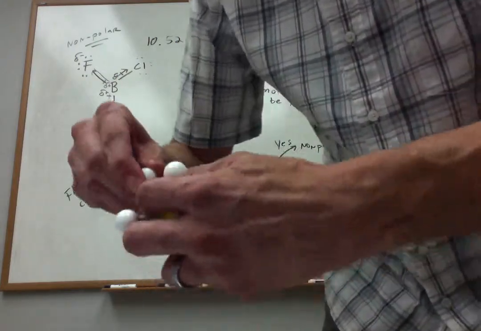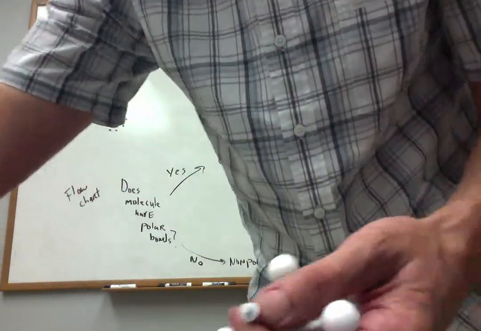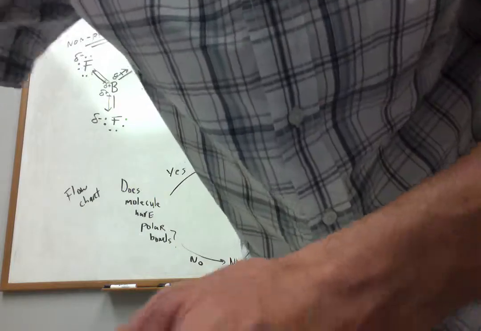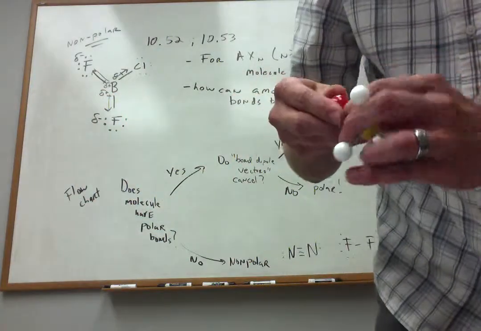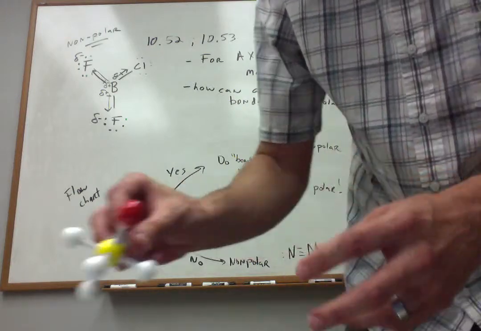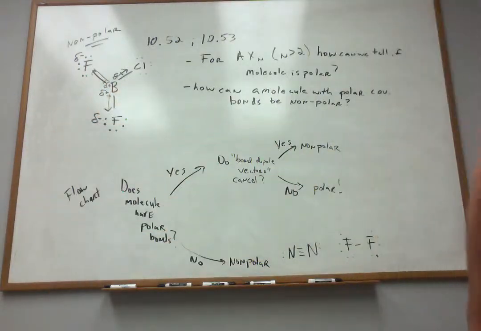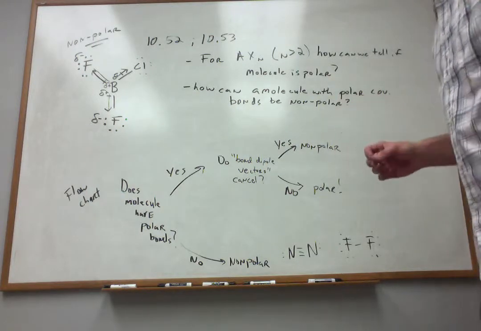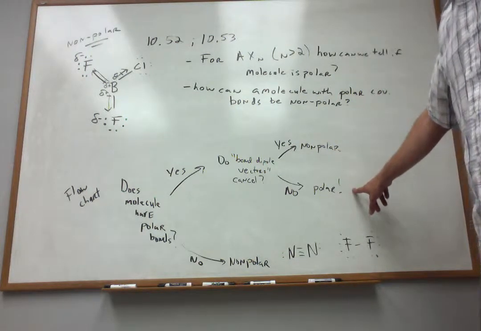But as soon as I change one for something different, I mess that up. Polar, right? So if you're able to cancel these individual bond dipole vectors, nonpolar. If you can't cancel, polar.